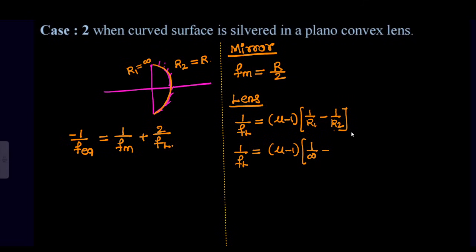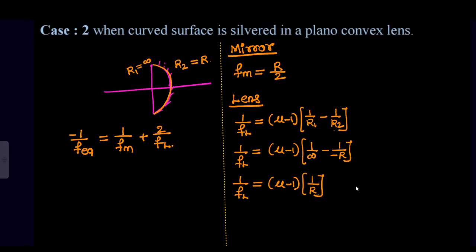The R2 value is R, what is the radius? Plus or minus R. We can have this as 1 by minus R. Simplify, it will come as 1 by FL equal to what? (Mu minus 1) into 1 by R. This is the focal length of the lens.